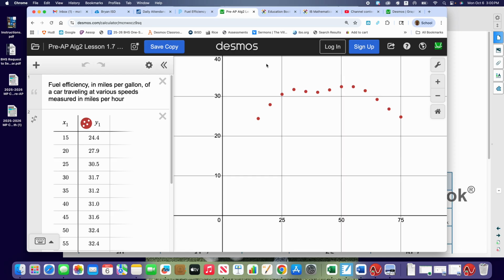All right. What is this problem about? Miles per gallon of fuel compared with the speed at which I'm driving. This is making mention of the late 1990s.